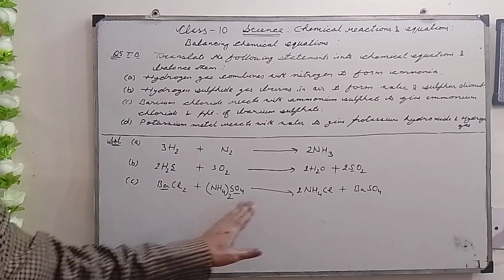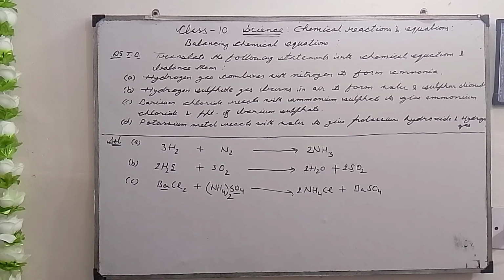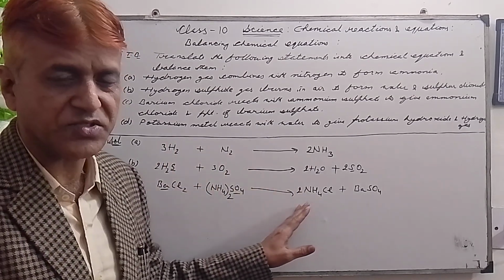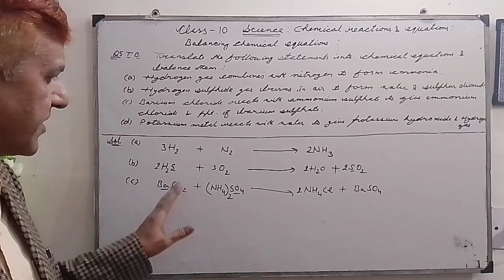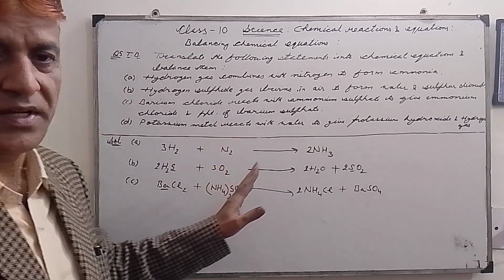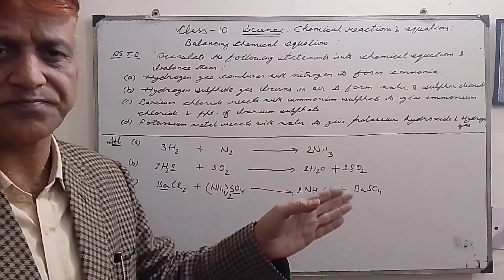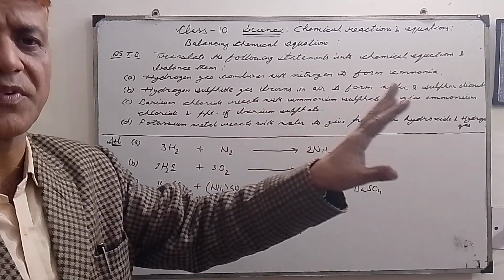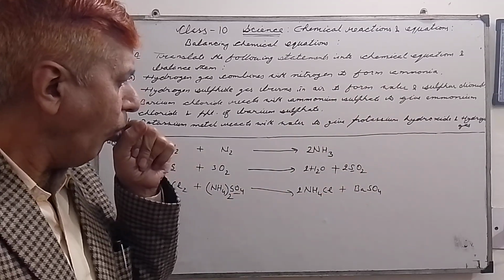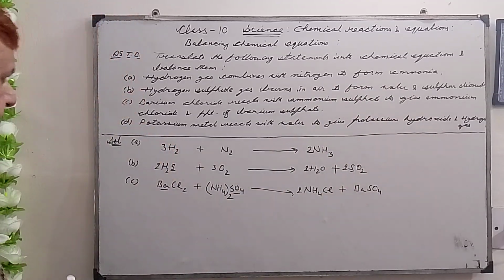This is how to balance this equation. Let me tell you once again, my dear students, that it is only practice with which you come to understand and learn the technique to balance a chemical equation.